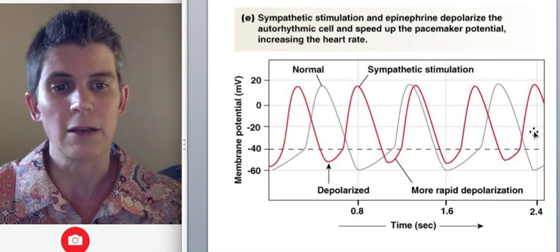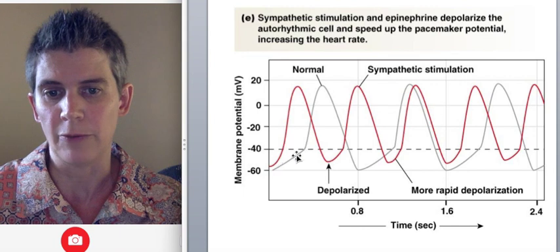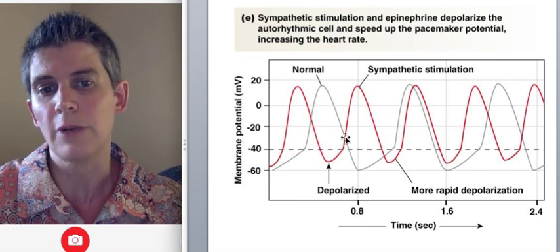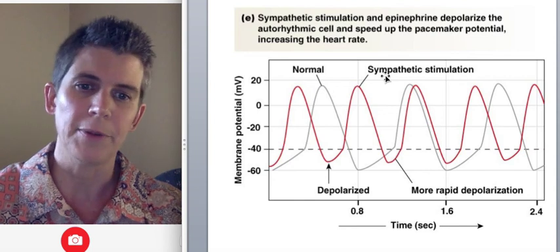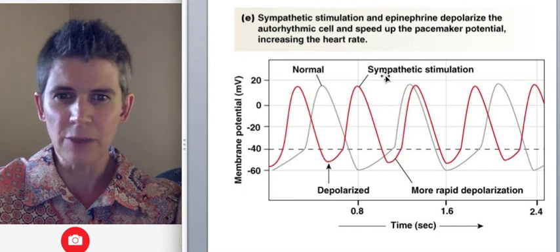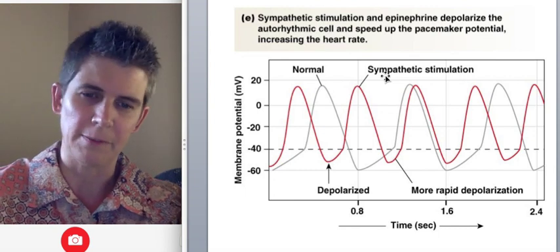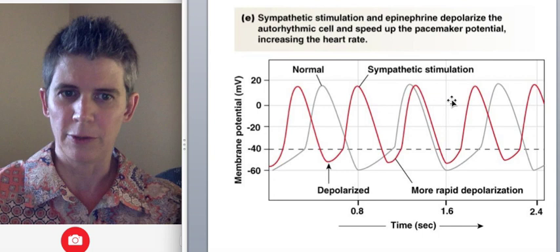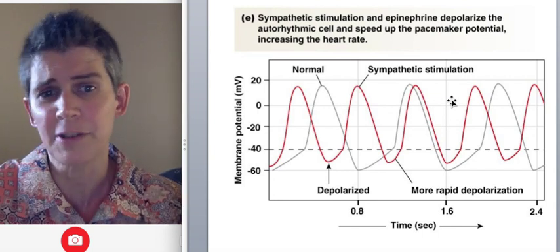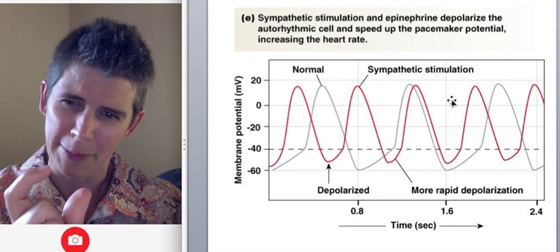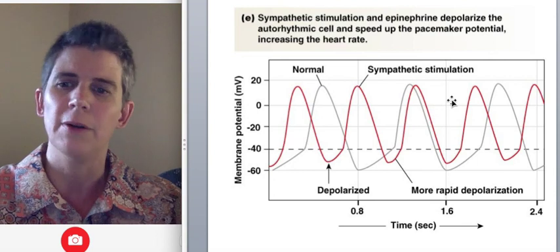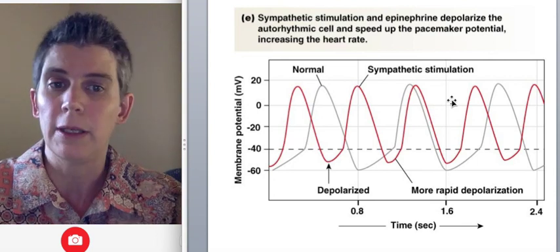If you look at the normal depolarization rate shown here in gray, and then the depolarization rate shown here under sympathetic stimulation. If you look at the heart rate in the normal state and in the sympathetic state, you can see that the result is that you have a heartbeat more often under sympathetic stimulation because the time between beats is shorter. Because what you need to depolarize and trigger the next beat is happening more quickly.